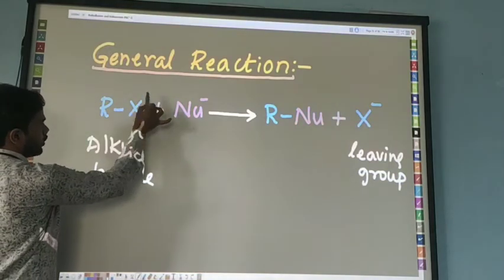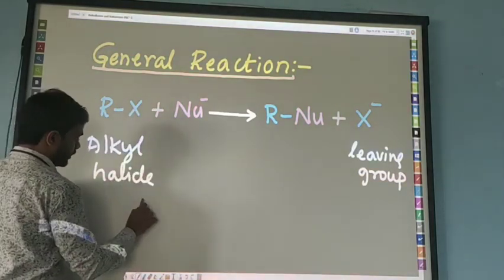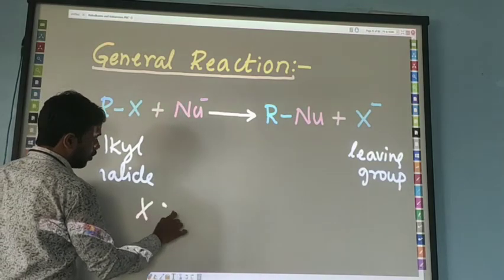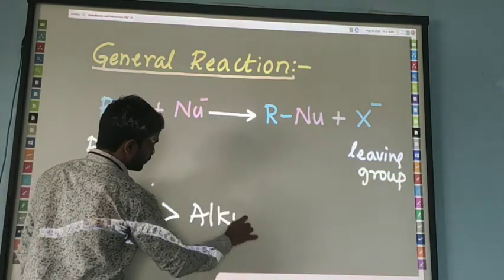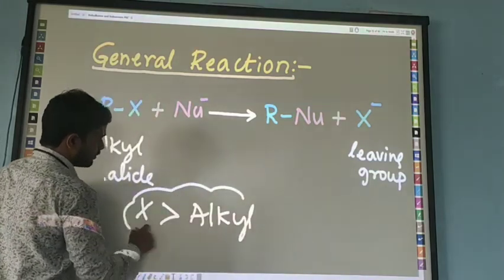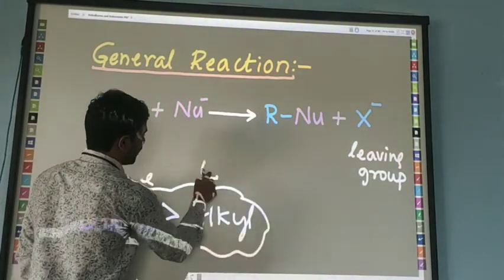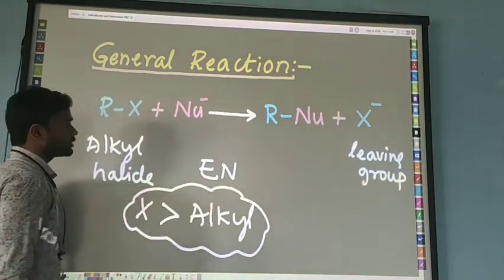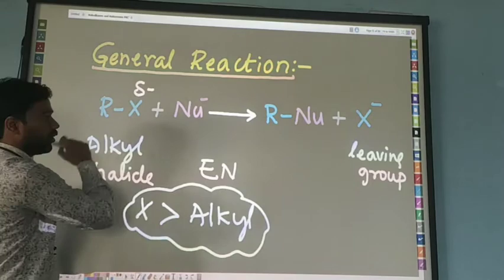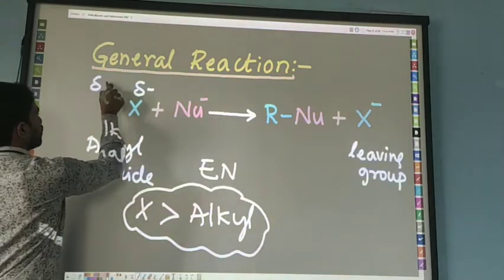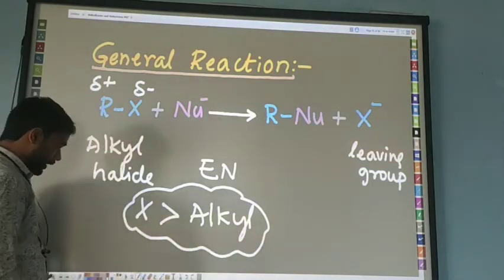We already know that halogen elements are more electronegative than the alkyl groups. That's why I am writing delta minus for the halogen element and delta plus for the alkyl group.